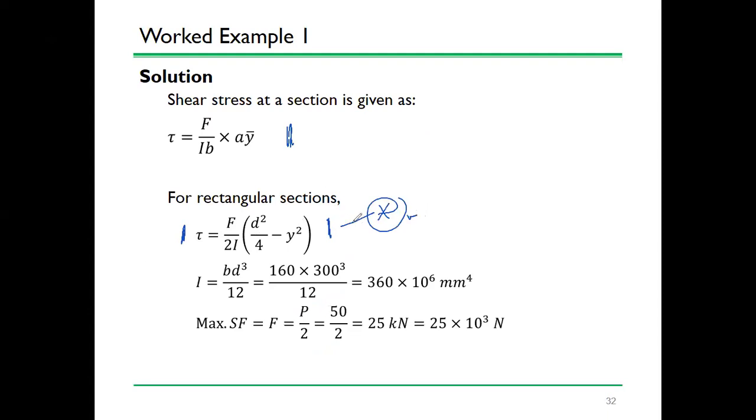For rectangular sections, I is bd cubed over 12. When you calculate this, you should get 360 times 10 to the power 6 mm to the fourth. Maximum shear force for the beam we have been given is P over 2, and this is 25 kN. And as you remember, we calculate in small units.